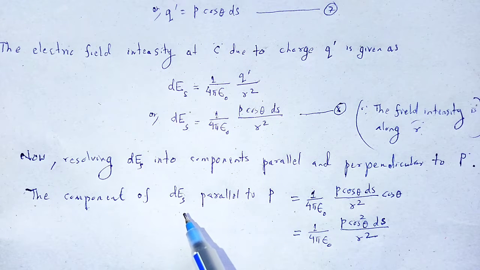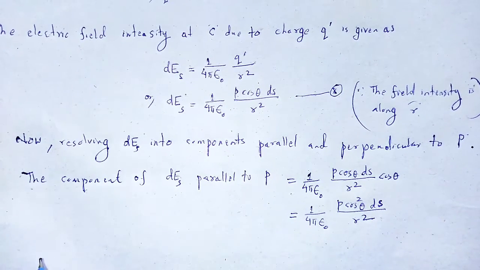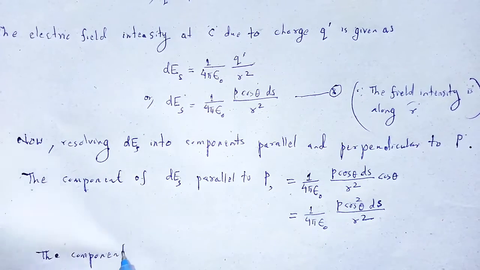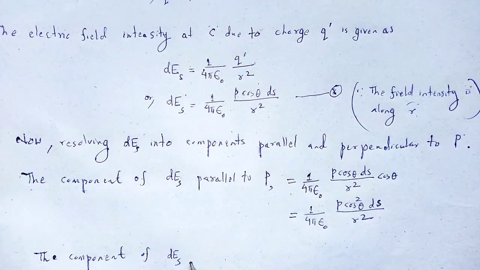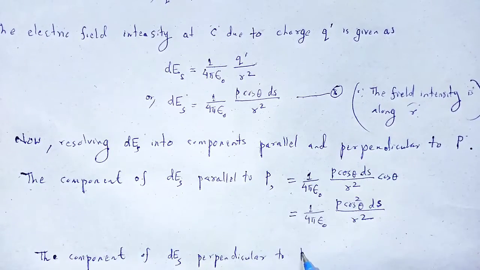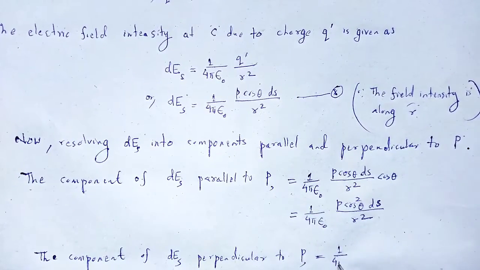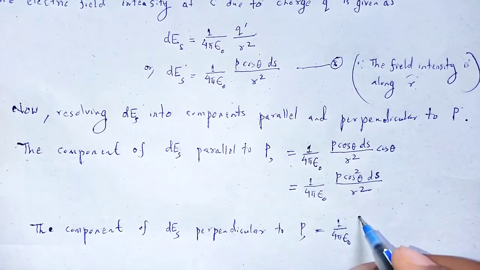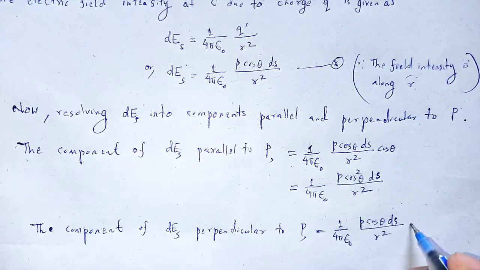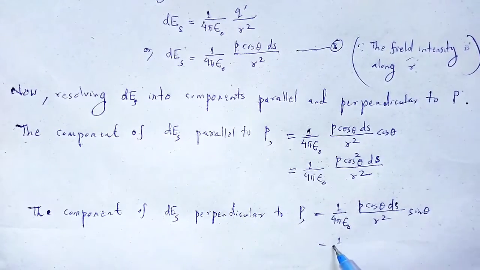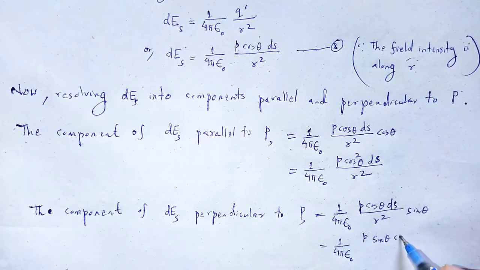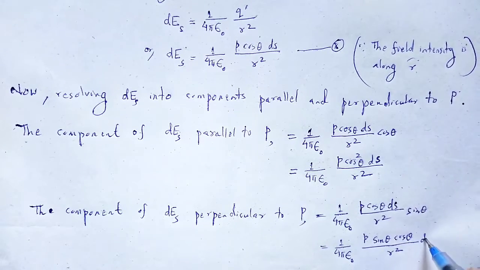Again the component of dEs which is perpendicular to P is 1 by 4 pi epsilon naught P cos theta dS divided by r square sin theta, which is equal to 1 by 4 pi epsilon naught P sin theta cos theta divided by r square dS.